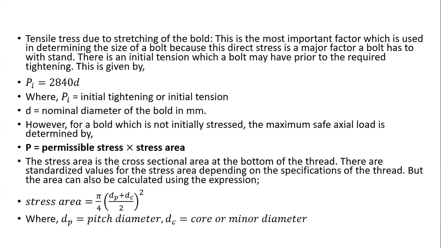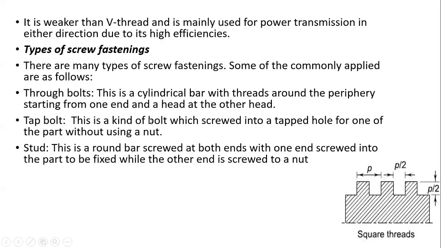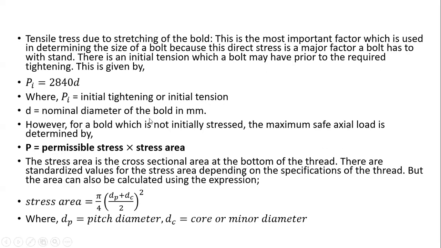We have what is known as the initial tension when you are tightening a bolt. The initial tension, which is given by Pi, is equal to 2840D, where D is the nominal diameter of the bolt in millimeters, and that force will be in newtons.